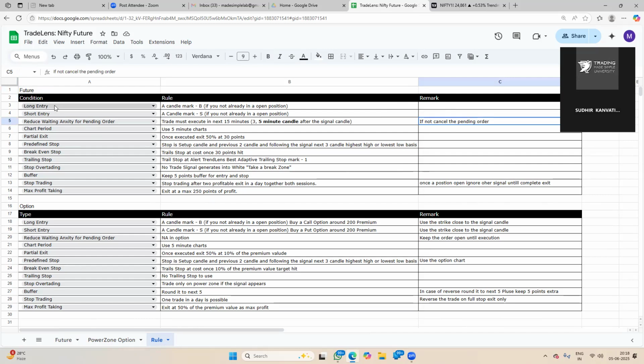So the condition is long entry: when we will buy and when we will go short. Long entry: a candle marked B, if you are not already in an open position. If you do not have any open positions and you get a B, it stands for going long. And if you get an S, it stands for going short.